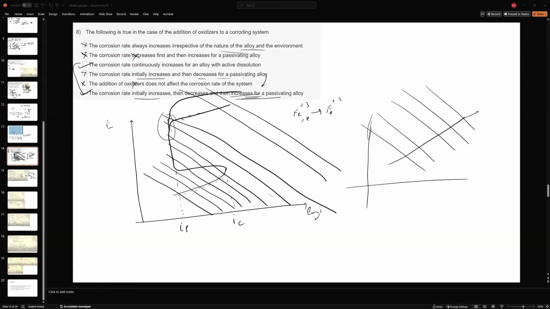Maybe since it's specific to a specific case, like in the case of stainless steel, that's why they have considered it as true.